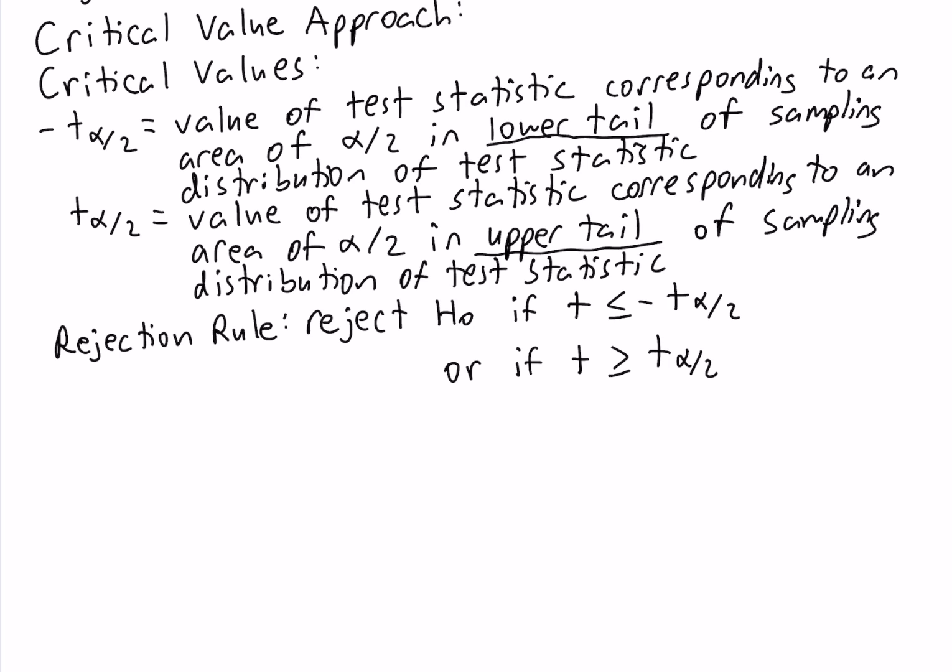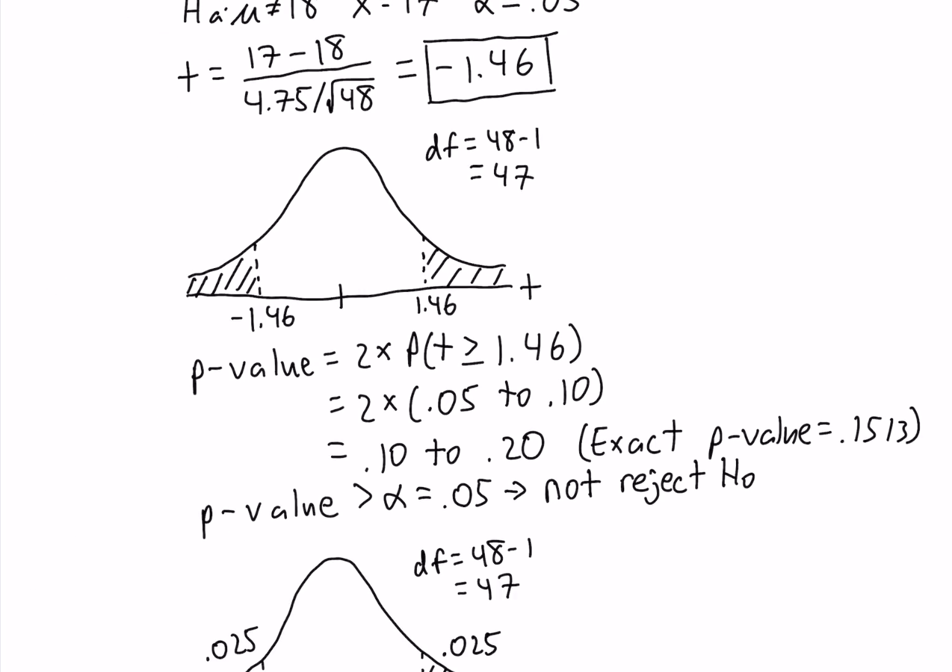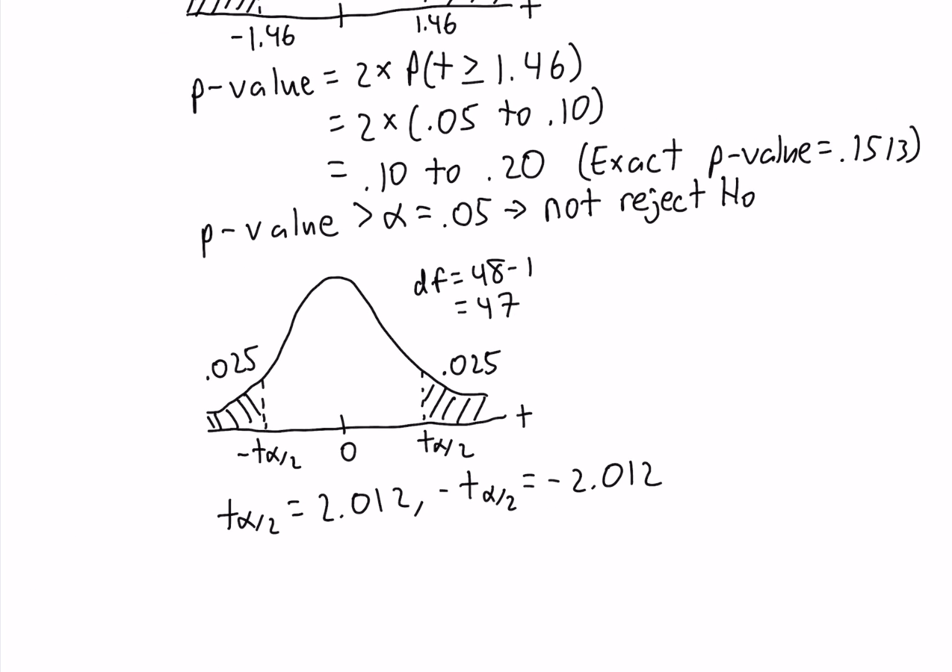So if our test statistic is less than or equal to the negative critical value or greater than or equal to the positive critical value, we reject the null. Now, if it's between the two critical values, then we do not reject the null. So in other words, if our test statistic is in this region here that's not shaded, we do not reject the null. If it's in either of the shaded regions, then we reject the null.